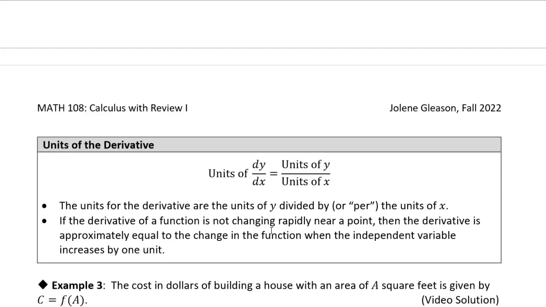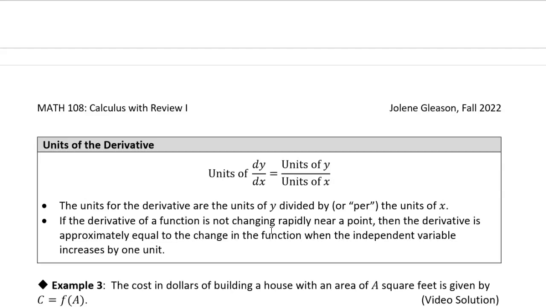Now, if the derivative is not changing rapidly near a point, then we can also interpret the derivative as being approximately equal to the change in the function when the independent variable increases by 1 unit. Like in our example before, our units were miles per hour. If we're not changing that very much, going 65 miles per hour would mean that over the course of 1 hour, we would cover 65 miles.